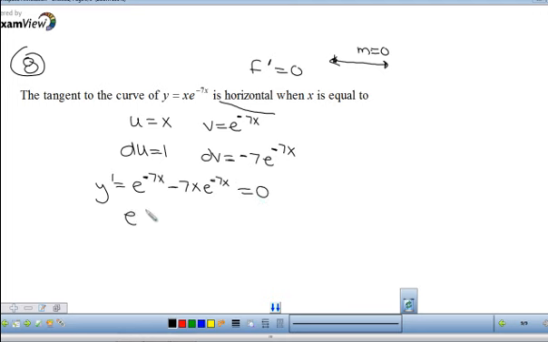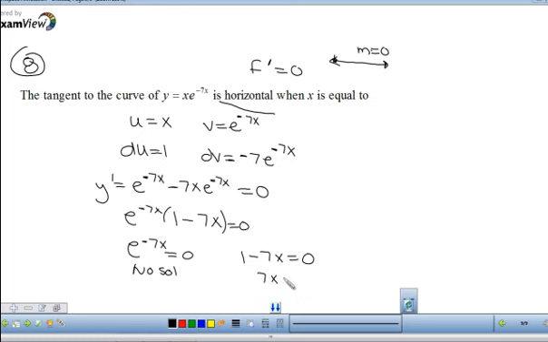So we're going to factor out e to the negative 7x. Okay. Use the zero product property. Okay. So e to the negative 7x will never equal 0, so this side has no solution. And then we have 7x equals 1, or x equals 1 over 7. So at 1 over 7, we're going to have a horizontal tangent line.